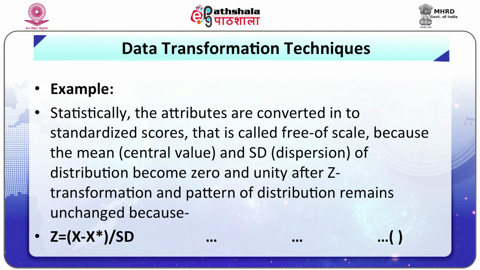Statistically, the attributes are converted into standardized scores, that is called free of scale, because the mean, that is central value, and SD, that is dispersion of distribution, become 0 and unity respectively after Z transformation, and the pattern of distribution remains unchanged because Z is equal to (x minus x bar) divided by SD.